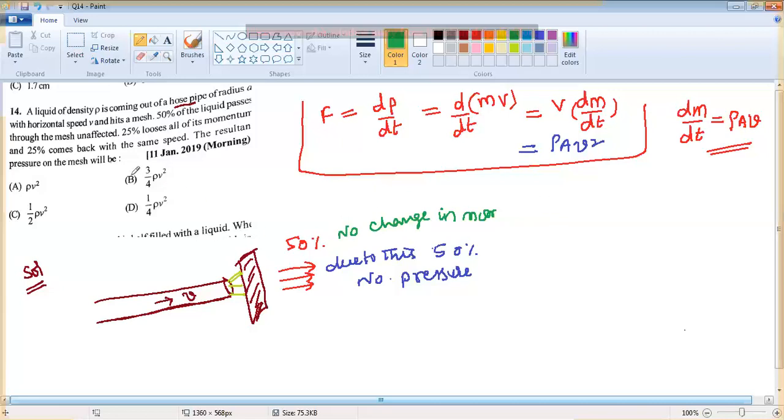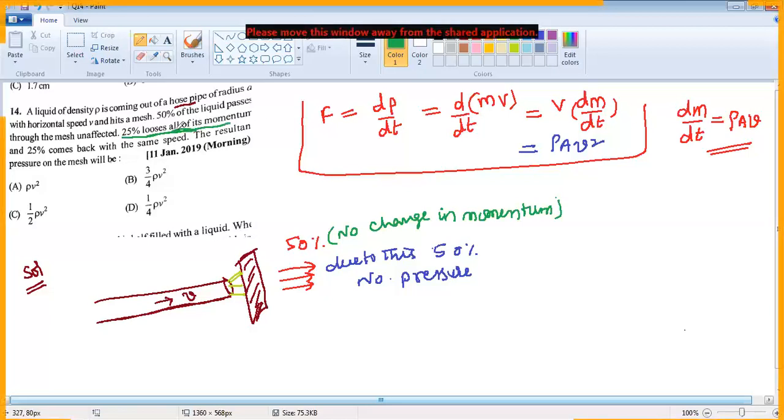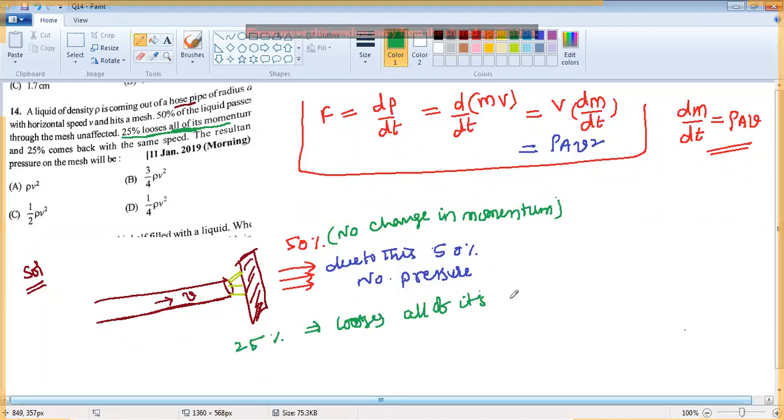The next 25% loses all of its momentum. That is, the final momentum equals 0.